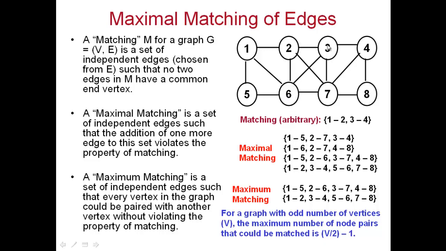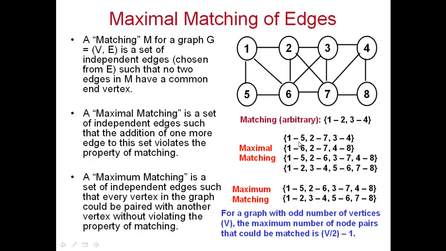If I add say 3, 6, 3 is already there. So I cannot add any more edge to this set and still satisfy the property of matching. Such a set of edges is called a maximal matching. That means we cannot add any more edge to this set without violating the property of matching.